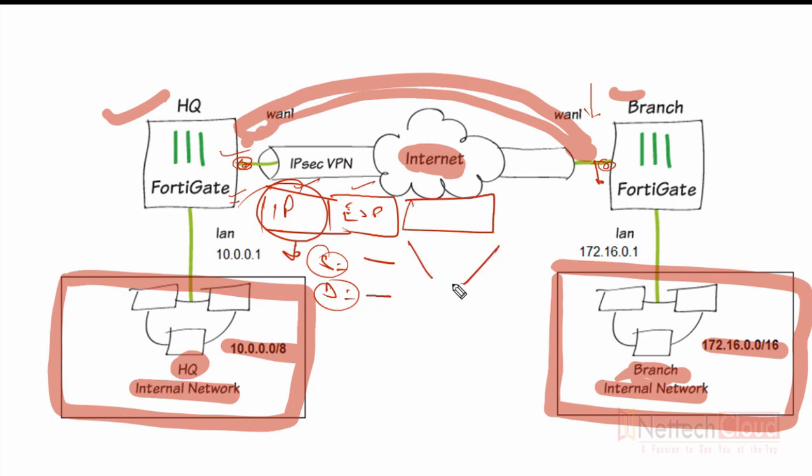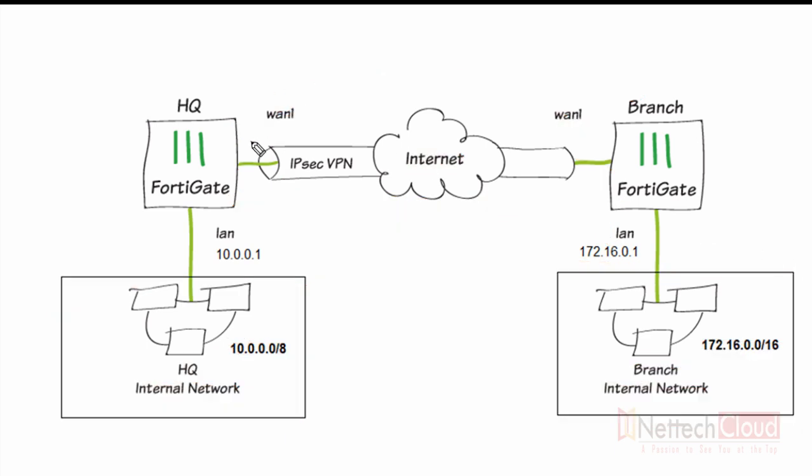After decryption, the original sender and receiver IP addresses are known and internal routing will be done. That's the reason whenever we set up an IPSec site-to-site VPN tunnel, we disable NAT, because NAT is not required.